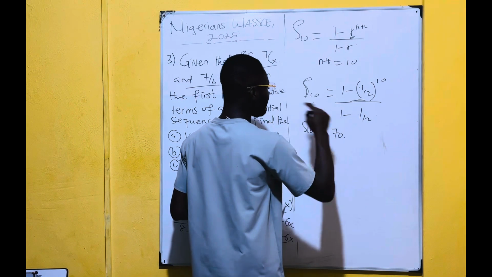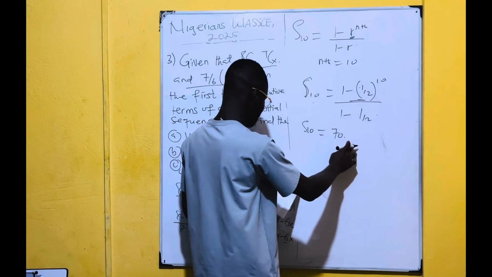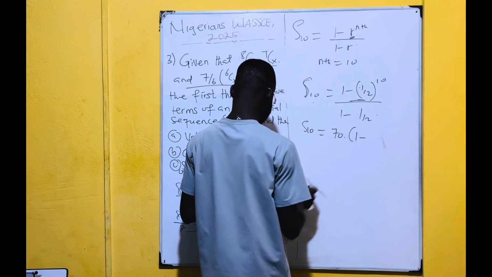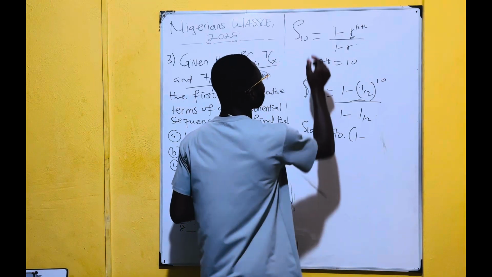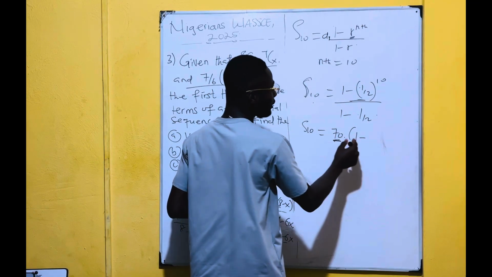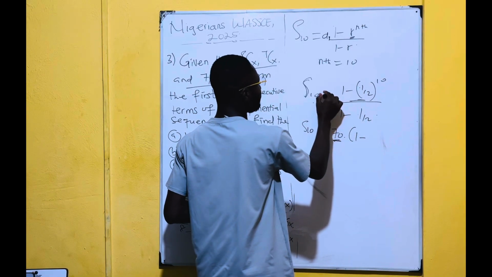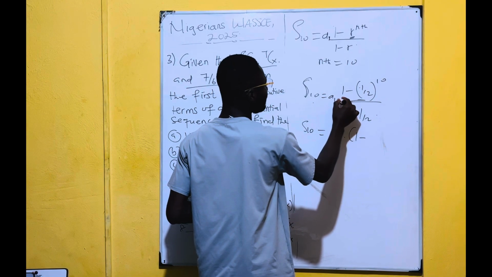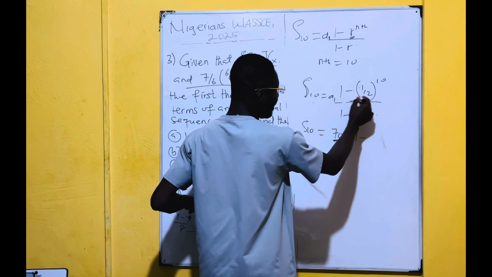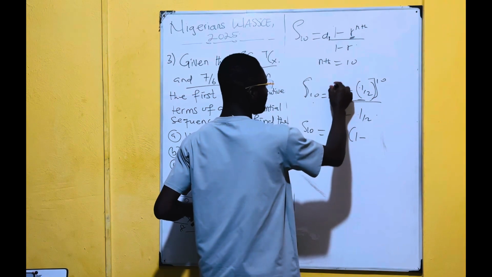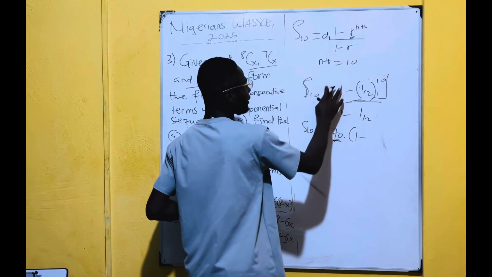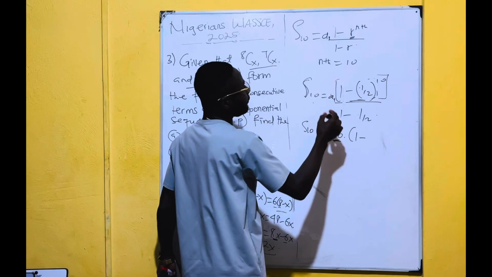So when you simplify this expression, we have a1, our first term, which is 70, okay? So we have a1 times (1 minus this).